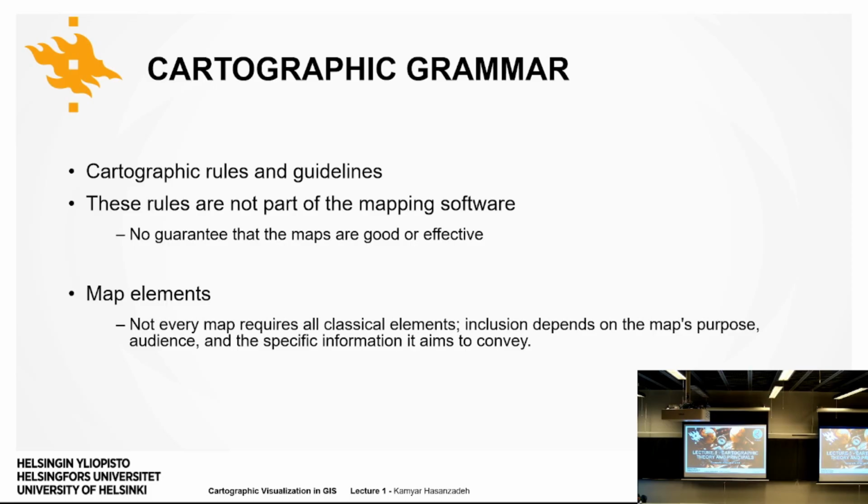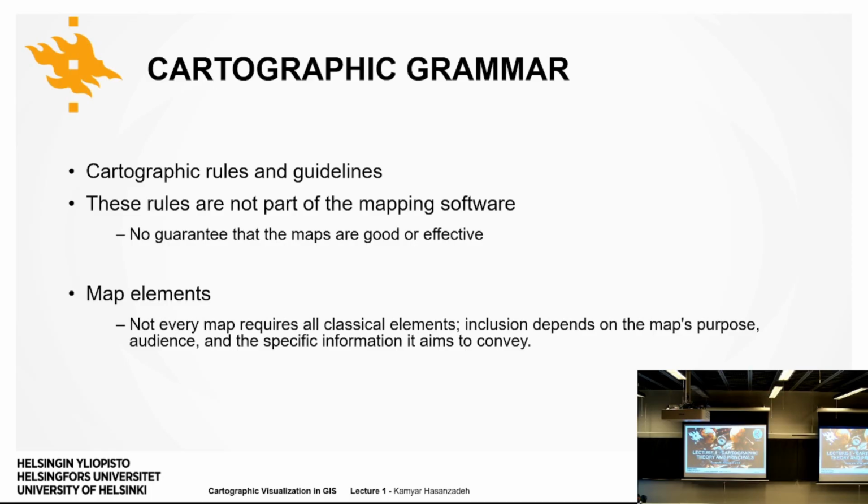The software allows you to apply this cartographic grammar, but it doesn't do it automatically. It allows you to choose the right title or the right layout, but it doesn't do it automatically. So if you're not familiar with cartographic grammar, the rules, and the best practices that make the map look better or more correct, then having good software is not enough.